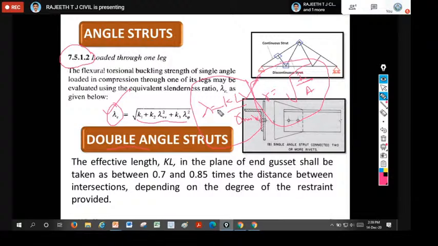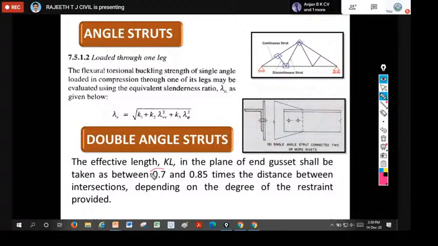To calculate that, this is the formula: KL by r minimum. What I am highlighting here is KL, the effective length for the angle strut. According to the code, the K value you should choose for a double angle strut is 0.7 to 0.85. You should remember this K value for angle struts.